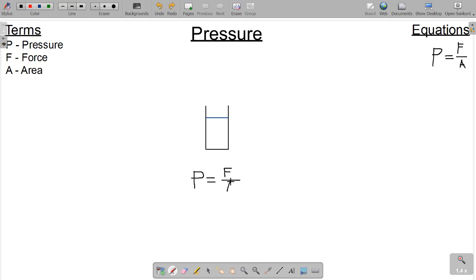Here F is basically the weight of the fluid, or mg.